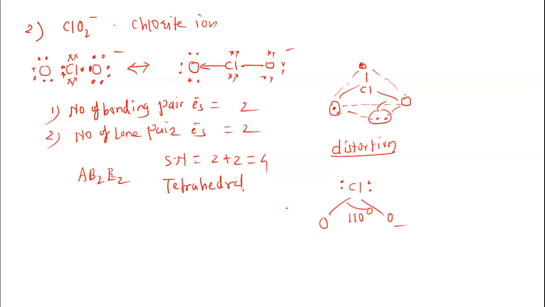The presence of the lone pair of electrons causes distortion in the molecule, and the geometry changes from tetrahedral to angular. So the actual geometry of the chlorite ion is angular, and the steric number is equal to 4. So this is for the chlorite ion.